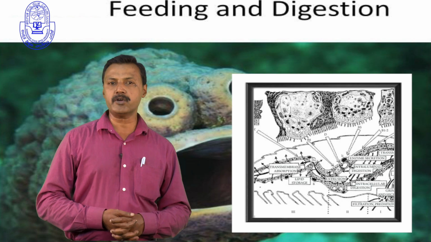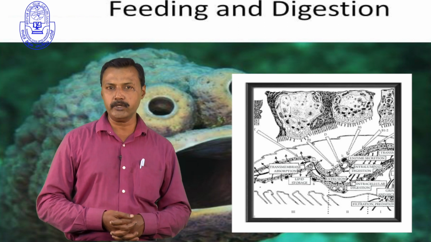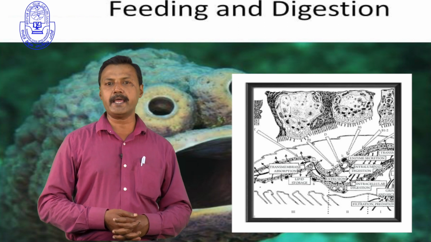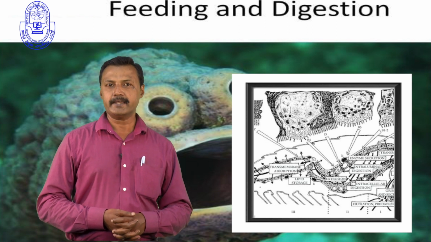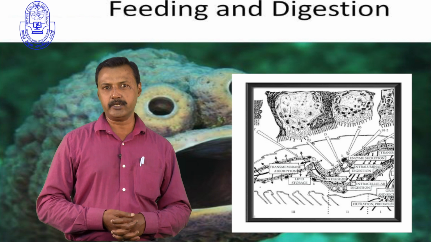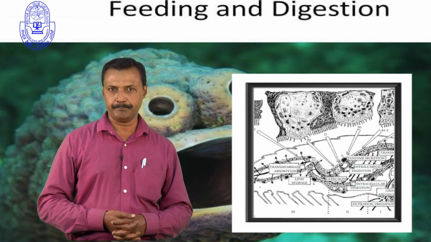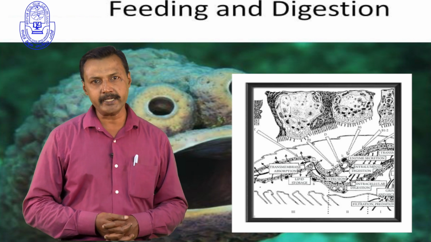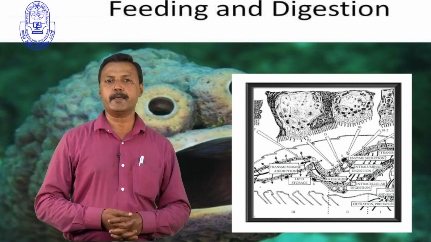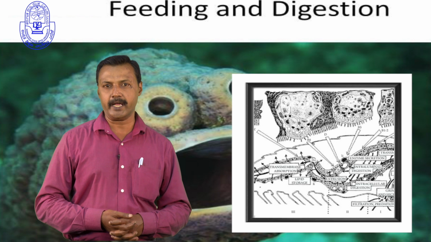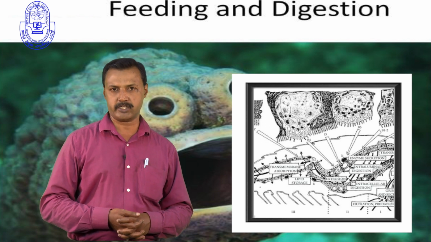When the animals are trapped, they are drawn into the mouth region by the palps or the cirri, where they are engulfed and passed into the pharynx. In the pharynx, a partial type of digestion occurs, and the partially digested food passes into the stomach region.